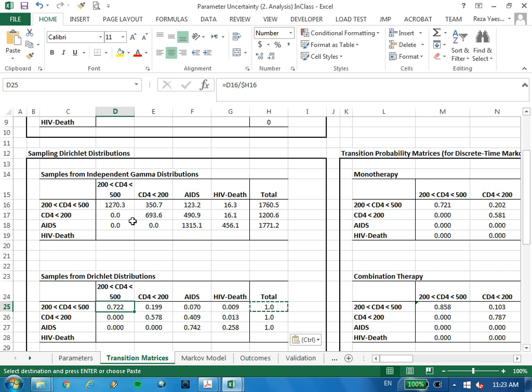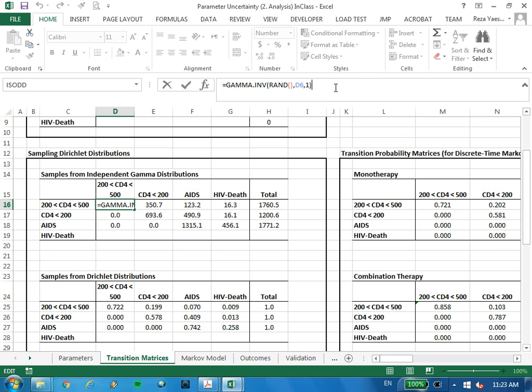So it has 2 steps. The first step is to generate realizations from a gamma distribution. The second step is to divide these realizations by the sum of these random numbers.